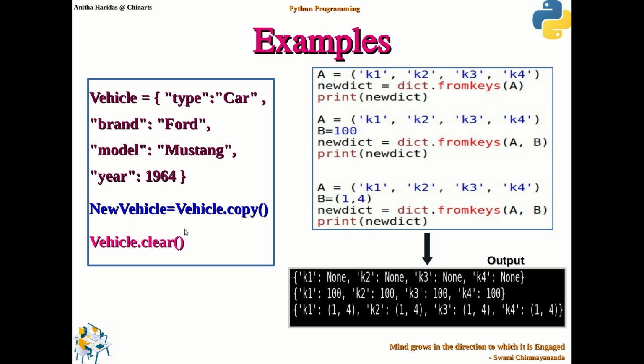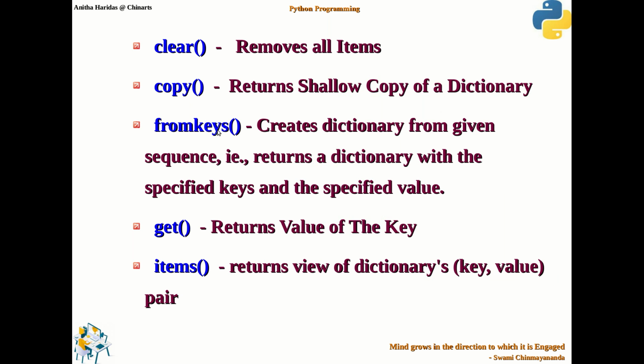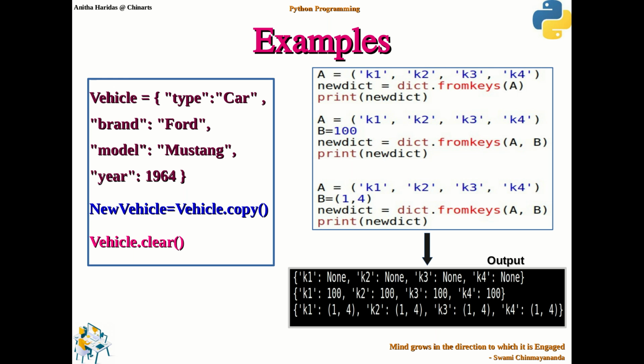Whereas the third method we had seen is fromkeys. It creates a dictionary from the given sequence, that is, it returns a dictionary with the specified keys and the specified value. Let us see how it works. I have a tuple here with 4 values k1, k2, k3, k4. Using this tuple, I tried to create a dictionary with A as keys.